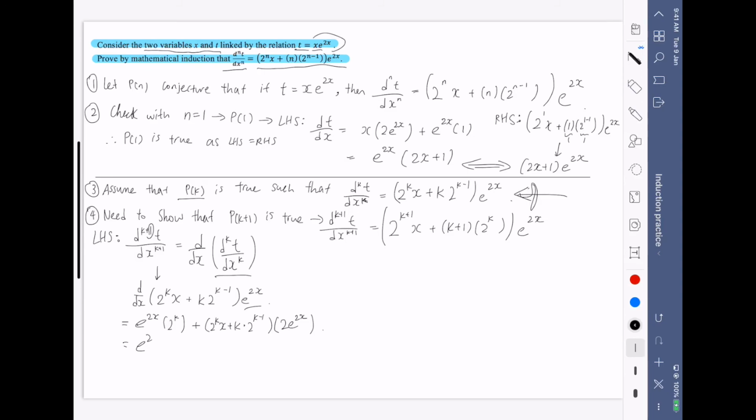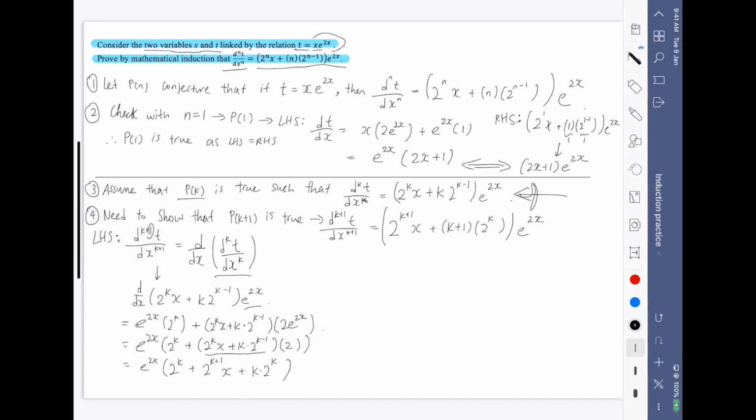Then we will have 2^k plus bracket 2^k x plus k times 2^(k-1) times 2. And then we can expand the bracket by multiplying the 2 into this bracket, which would give us 2^k plus 2^(k+1) x plus k times 2^k.